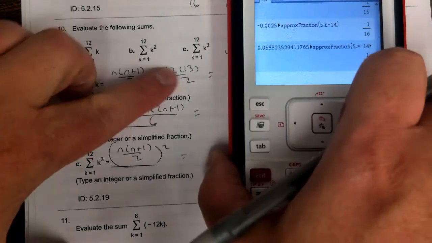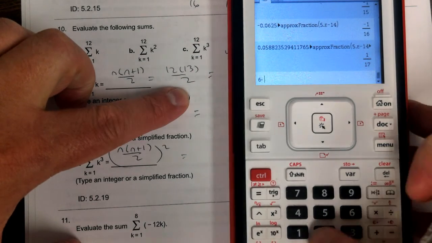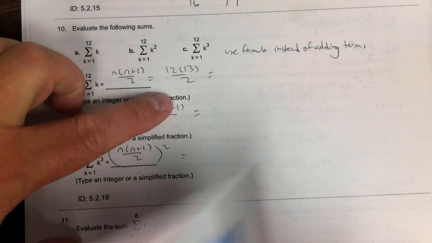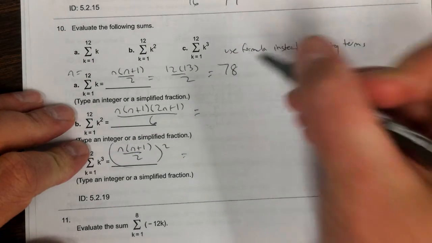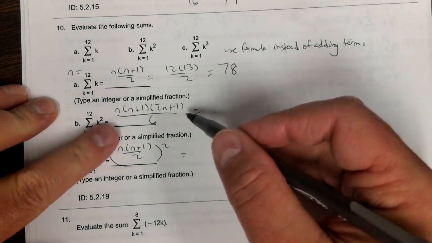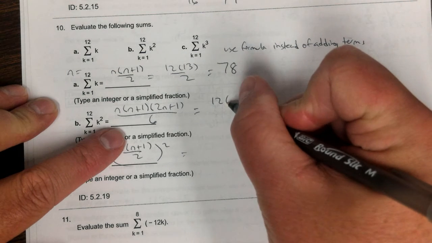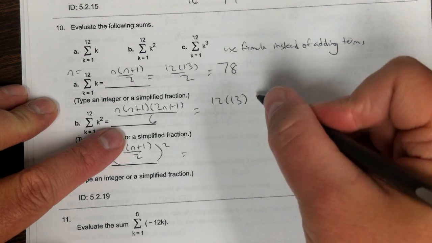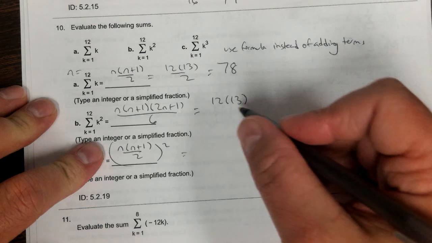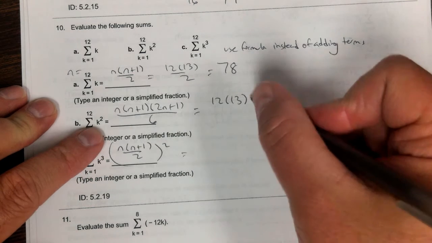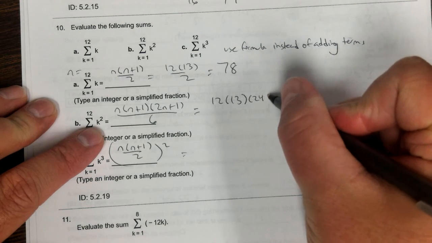So that's basically going to be 6 times 13, which is 78. And on this one, you have 12 times 13 times, let's see, 2 times 12 is 24 plus 1.